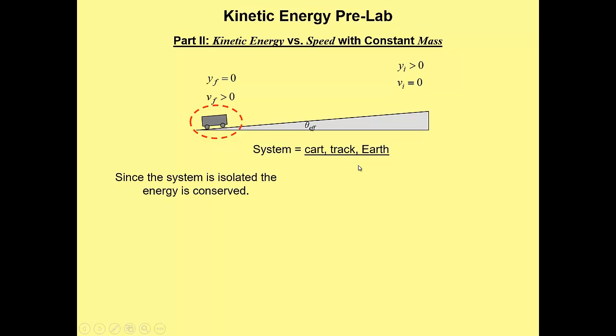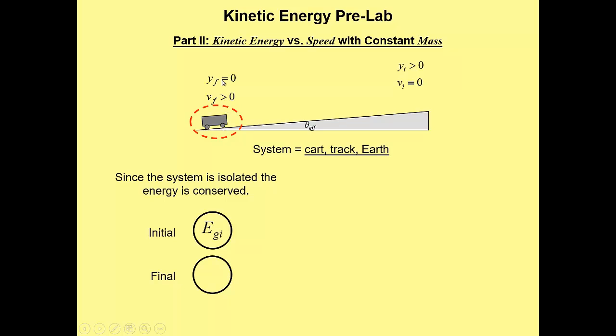And since it's an isolated system, the energy at the top compared to the energy anywhere else stays the same. It is conserved. So we can compare the energies at any two points in the motion of the cart down the hill. So initially, when it's at the top of the hill, what is the energy stored as? Is there any kinetic? No, because it's not moving. And it's all Eg because it's higher up. So it's Egi. It's a whole pie full of Egi. What about at the bottom of the hill?